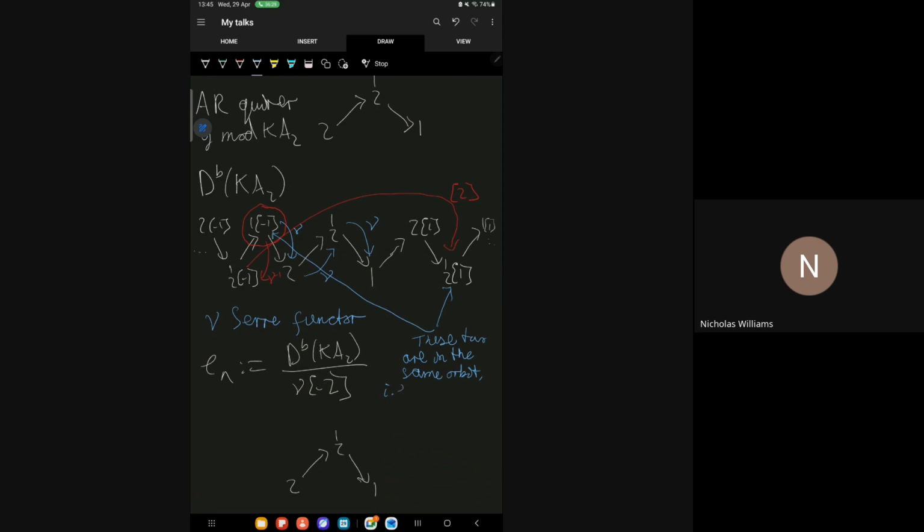And if they're in the same orbit, they correspond to the same object in the cluster category.